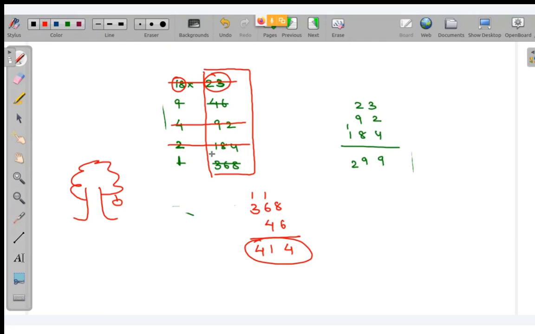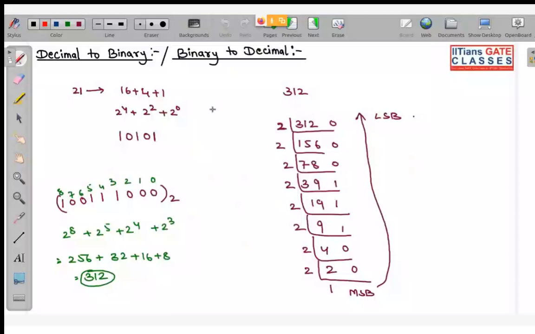So everything exists in nature. Only thing is that we need observation skills to observe that. So such mathematics already existed, but now we know that there is something known as binary numbers or decimal numbers. Okay, this was for your whole number.